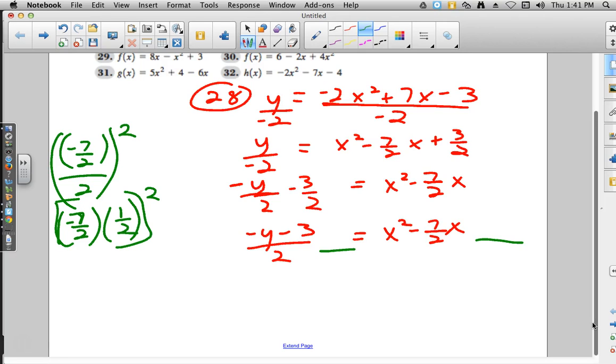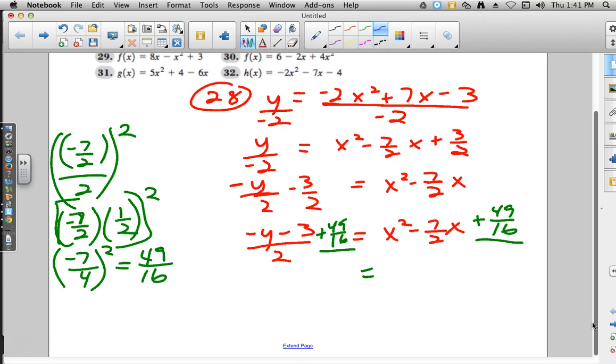There is no cross reducing that we can do on this problem, so top times top, bottom times bottom gives us negative 7/4. And if we square that, we get 49/16. So we will need to add 49/16 to both sides.